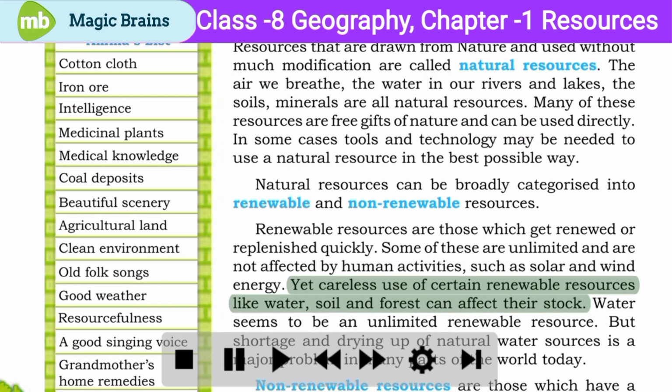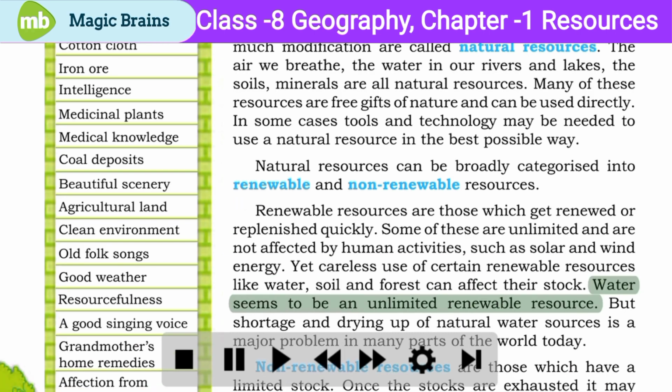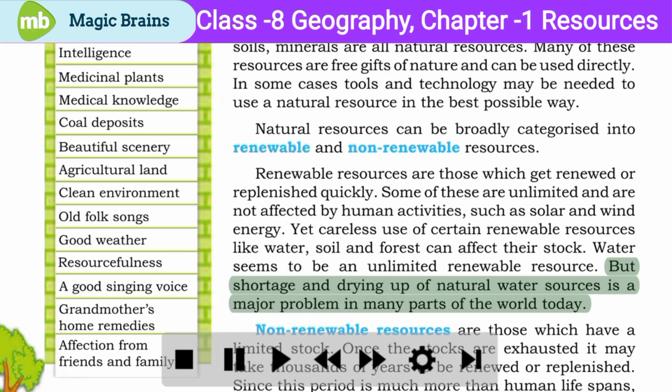Yet, careless use of certain renewable resources like water, soil, and forests can affect their stock. Water seems to be an unlimited renewable resource, but shortage and drying up of natural water resources is a major problem in many parts of the world today.